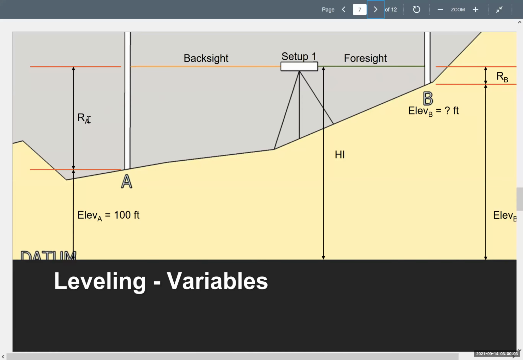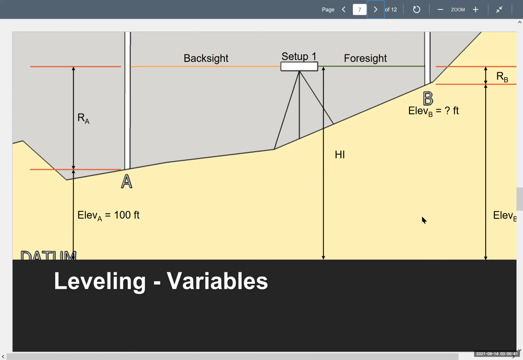Notice that R_A plus the elevation of A is equal to R_B plus the elevation of B. Does everybody see that? Because where I'm sighting, it's horizontal, and the datum is horizontal. So the datum is a horizontal line down below the ground, and my line of sight is horizontal. So that means elevation of A plus the back sight is going to be equal to the elevation of B plus the foresight. And we do it in a two-step process.